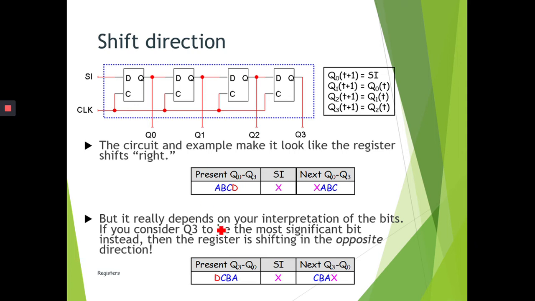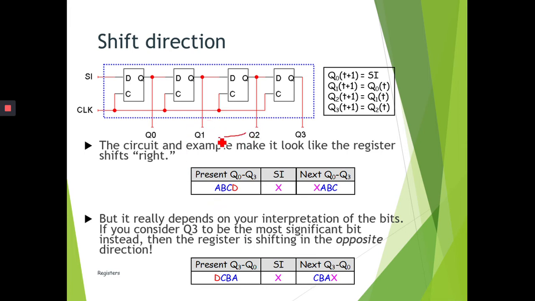But if you want it to shift to the left, we just change it. The same signal here, but we just take it as D, C, B, A, and then in this case we are shifting it to the left.